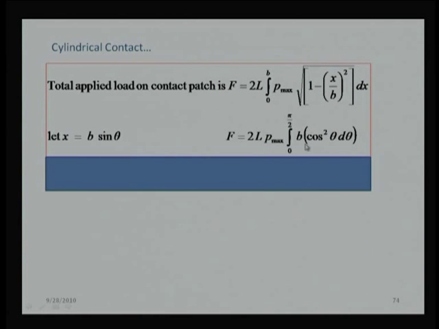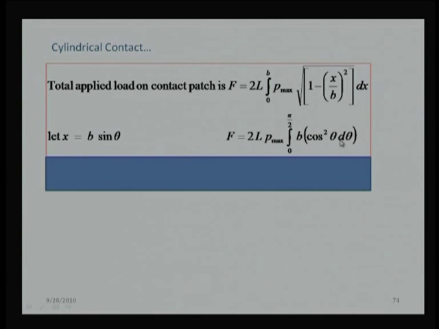We know the integration of cos square theta is a simpler one. It can be written as cos 2 theta plus 1 divided by 2, and we can integrate because we have the integration limits given over here. When we integrate cos 2 theta with limits 0 and pi by 2, the integration will turn out to be 0, because sin 2 theta, when we substitute pi by 2 and 0, both values will be 0.